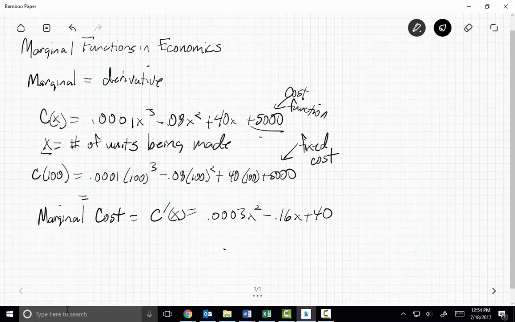Now, again, if I wanted to figure out the marginal cost at 100, it would be c prime of 100 is equal to 0.0003 times 100 squared, which is 10,000, minus 0.16 times 100, which is 16, plus 40. Whew, this is exhausting. And out pops a number, whatever that number happens to be.